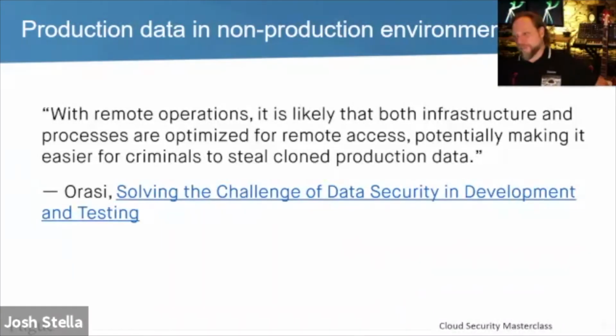All right, and then with remote operations, it's likely that both infrastructure and processes are optimized for remote access, potentially making it easier for criminals to steal or clone production data. That's true. I would point out that when you're working in cloud, everything is distributed anyway. There is no such thing as non-remote.